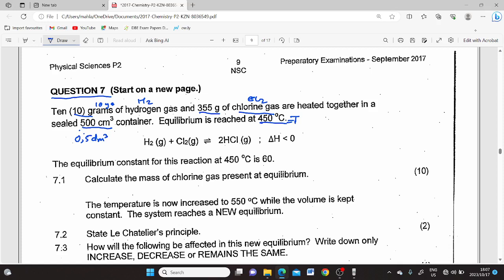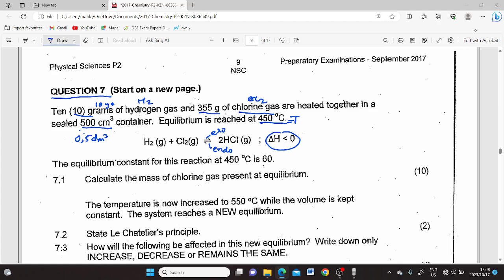Right. They're saying the reaction is balanced below. Now we need to consider this. By looking at this forward direction, it means the forward direction is exothermic, and the reverse direction is the endothermic direction.